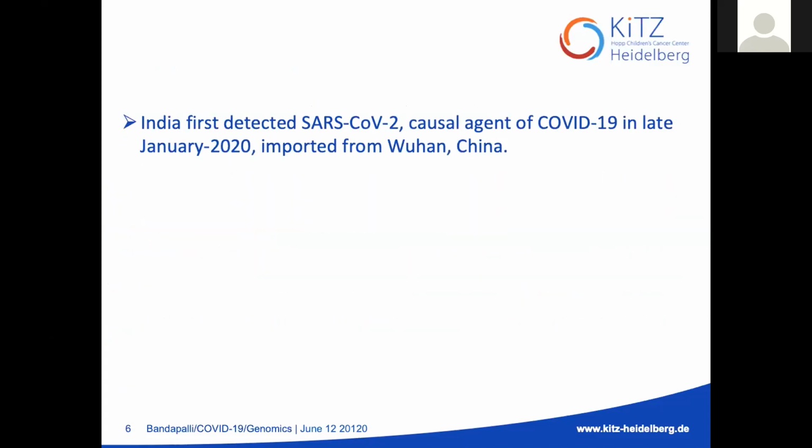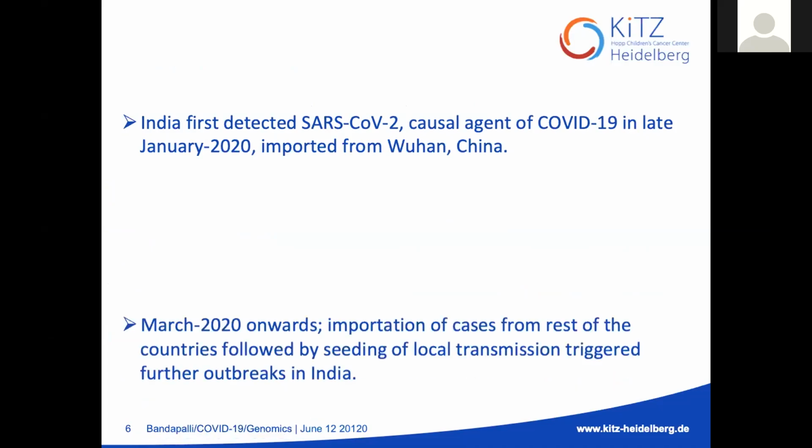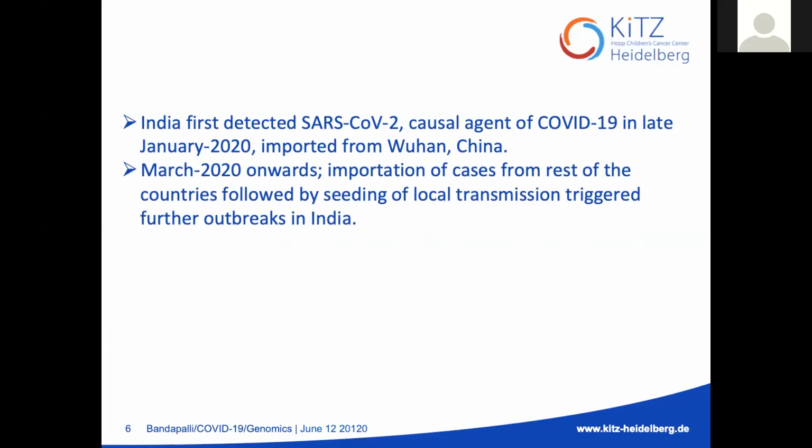We all know that it arrived in India in the third week of January or so, coming to Kerala from Wuhan, China. Then from March 2020 onwards, different cases arrived from the rest of the world, like Italy and Indonesia, and triggered further outbreaks in India.